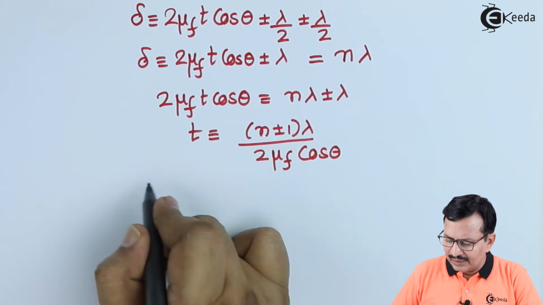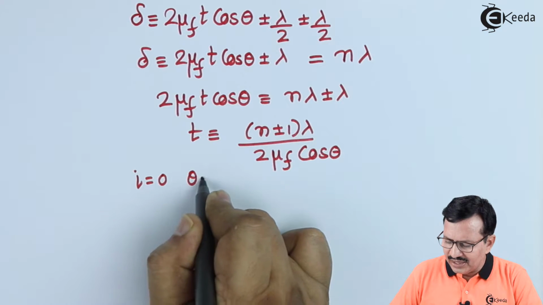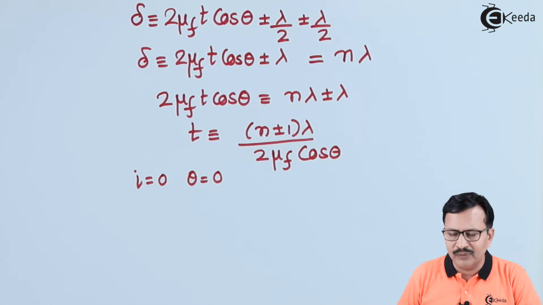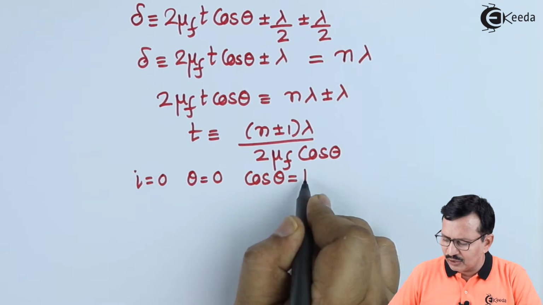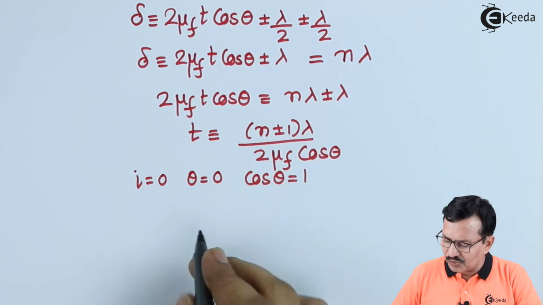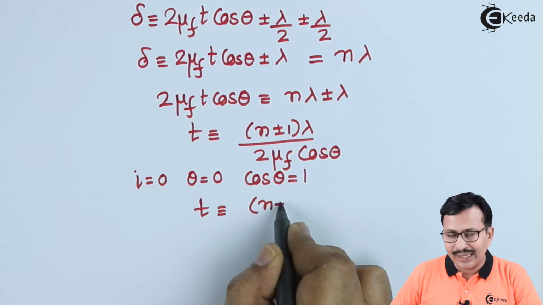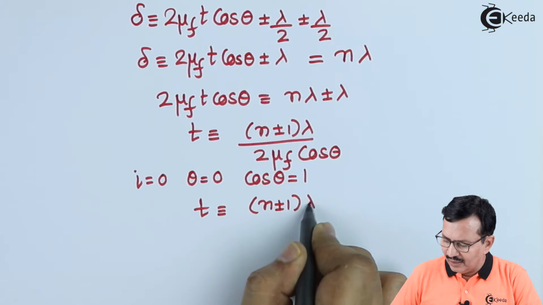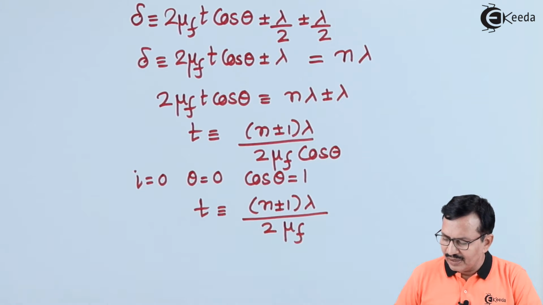But as we know that if your i is equal to 0, even your theta, the angle of refraction, will be equal to 0, and hence your cos of theta will turn out to be 1. Hence this expression will now turn out to be t is equal to n plus or minus 1 into lambda divided by 2 into mu f.